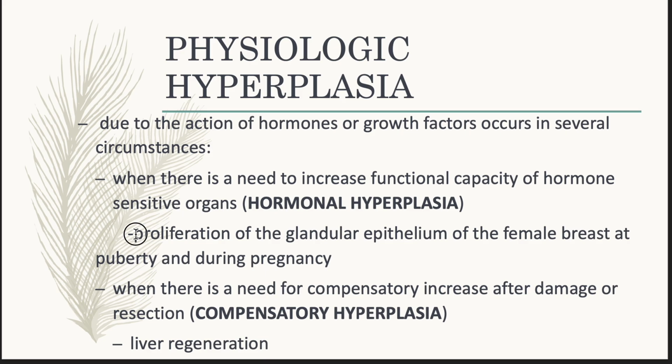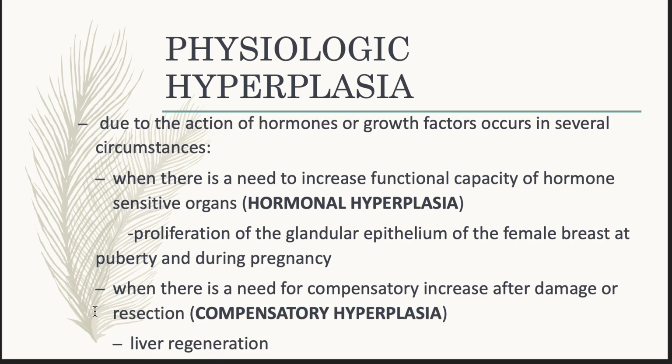So there is proliferation of the glandular epithelium of the female breast, as a response to puberty or during pregnancy. Another would be compensatory hyperplasia, when there is a need to compensate for damage to the liver. Right? They say it's okay to donate a part of your liver because it will regrow. So what happens there is compensatory hyperplasia.